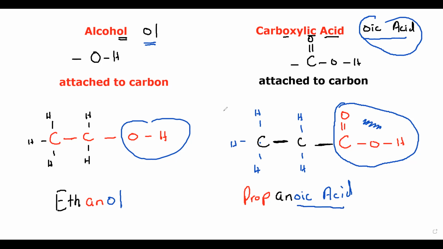If there is only OH attached, as you can see here, this OH is attached, then the name should be OL, ol. So depending on what is attached, if it is C double bonded with O and OH, the name will be oic acid.